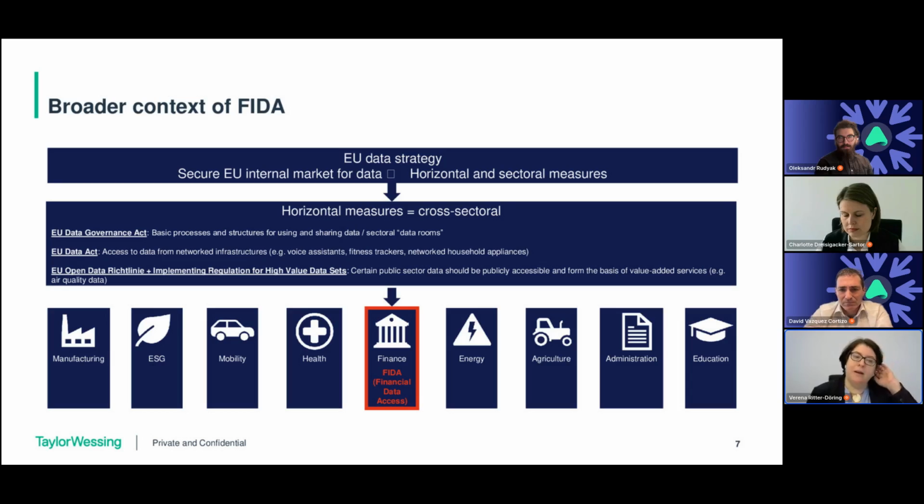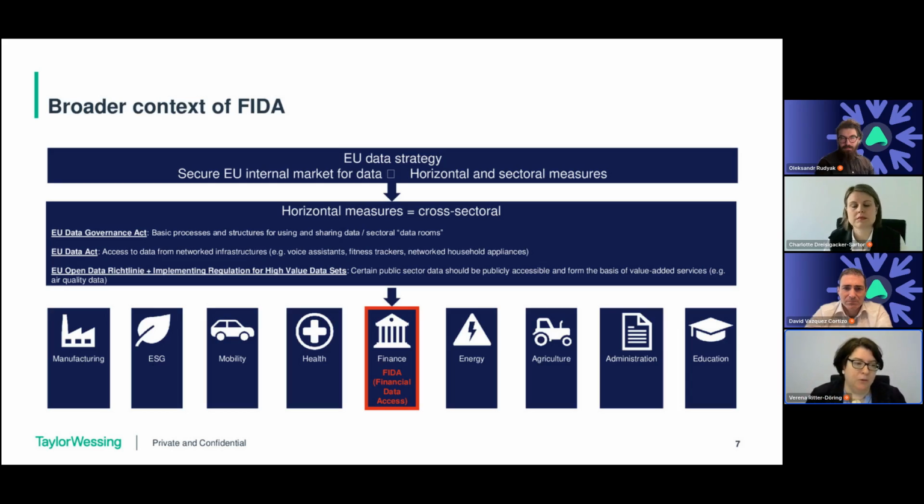We have what we call horizontal measures and we have sectoral measures. The horizontal measures apply to every sector as well. This is the legal basis of the data sharing. Then for each sector, we have specific requirements on top of this.